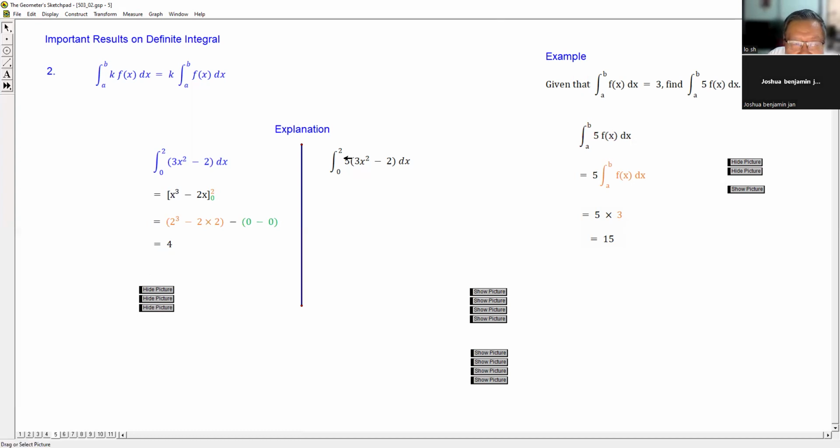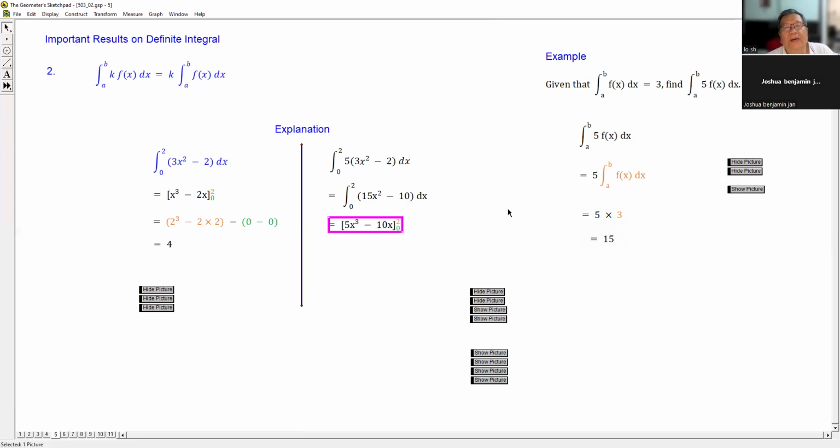Now, what happens if there's a number 5 in front here? Look at this, it's the same function, 3x squared minus 2. The only difference is there's a number in front. Let's say I multiply inside: 15x squared minus 10, because 5 multiplied by 2 is 10.